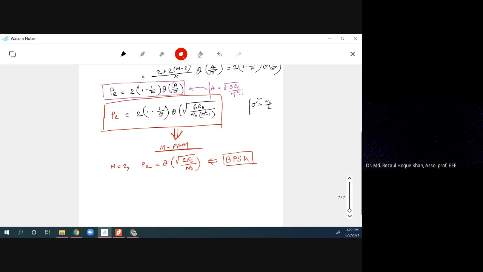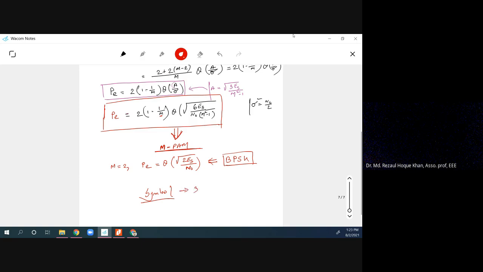Remember, what is the point? In BPSK, we can use only 2 levels. In M-PAM, we can use multiple levels. So what is happening here is that one symbol can carry multiple bits. If M equals 8, it carries 3 bits.